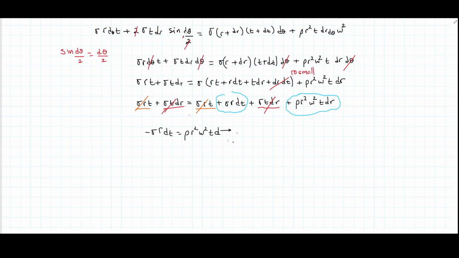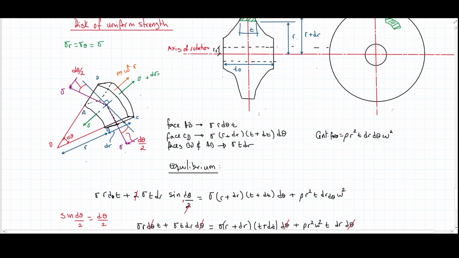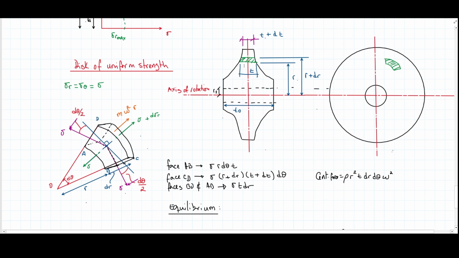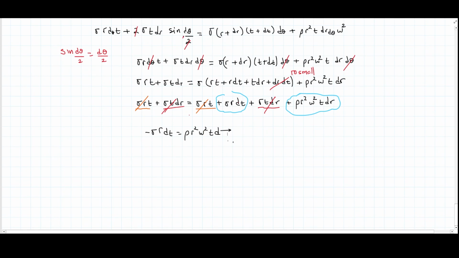Now what I can do is, because I'm interested in the thickness, how much the thickness should vary along the radial direction so I always get the same stresses as the premise we started with, I'm interested in the variation of the thickness. In this case, the thickness is not disappearing as in the previous case. So I have the t here, I'm putting the t down here.